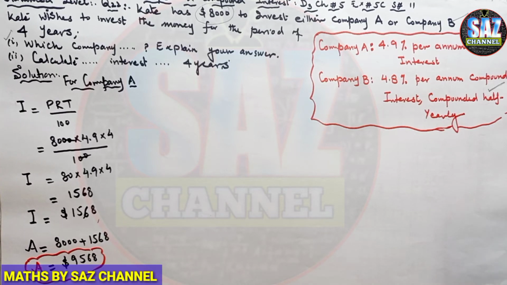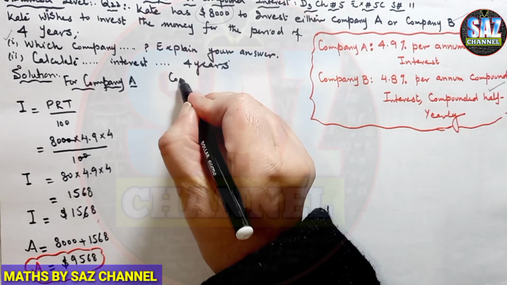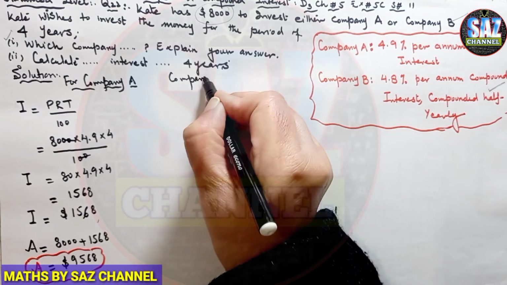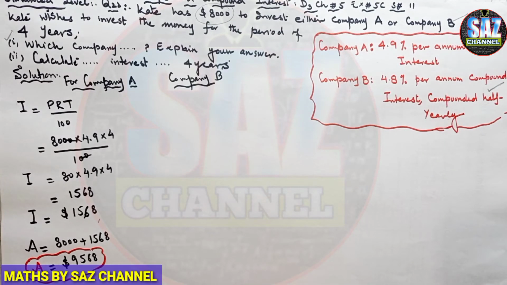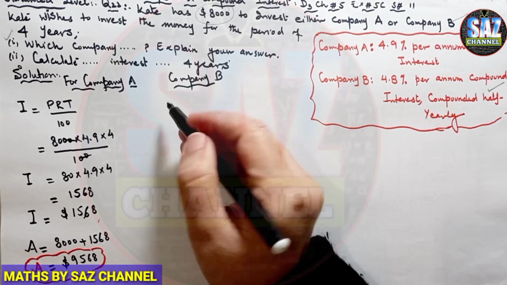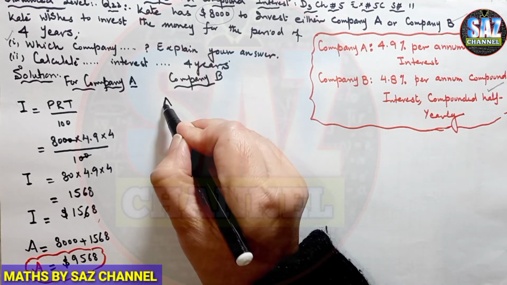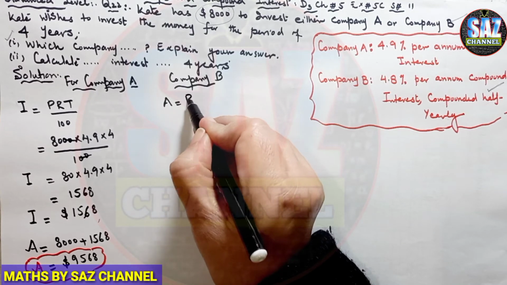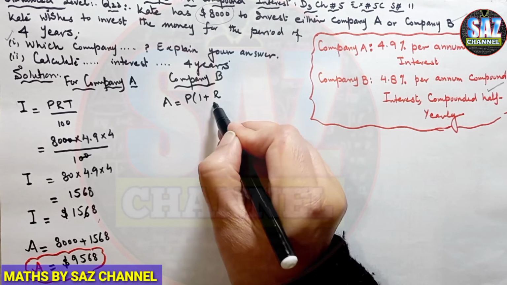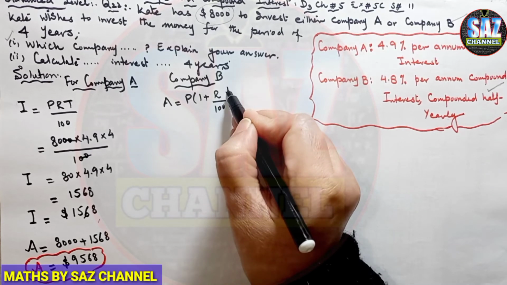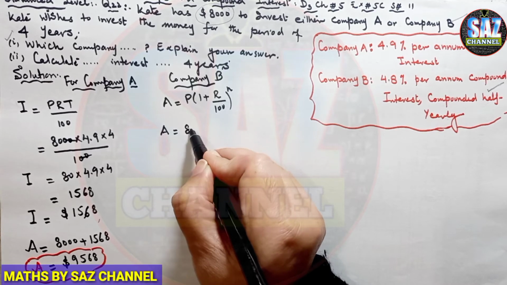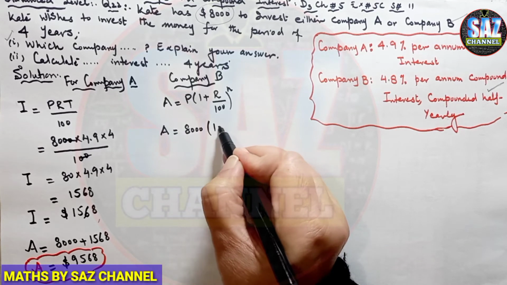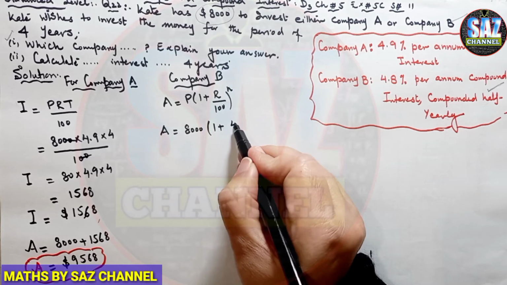Company B is giving interest with compound interest of 4.8% per annum, compounded half yearly. The formula for compound interest is amount equals P into 1 plus R over 100, raised to the power of n, the conversion periods. So principal is 8,000, and rate is 4.8.